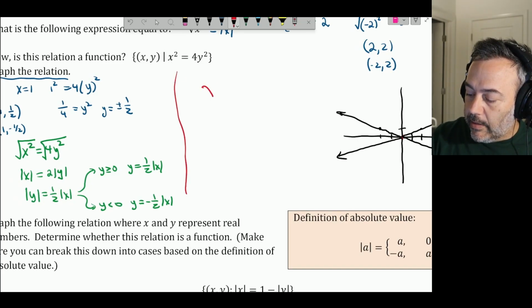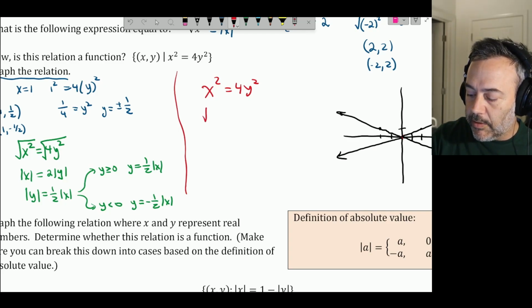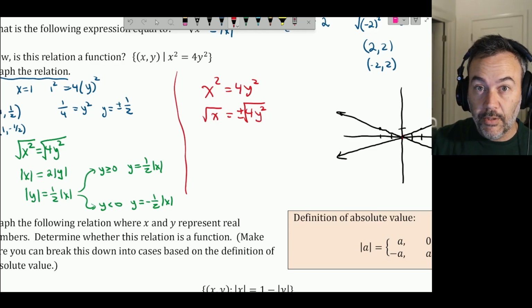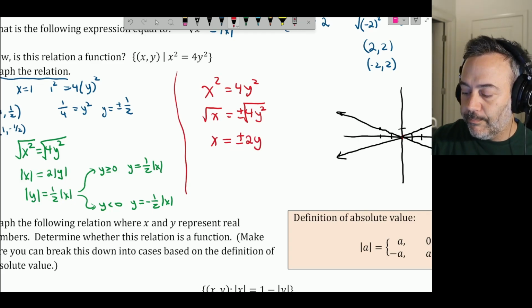The other way, and this is a shortcut you may know, is when you take the square root of both sides of an equation, you need to consider the plus or minus cases, and you don't need the absolute value. It's equivalent. The absolute value actually justifies why the plus or minus on both sides works. We get x equals plus or minus 2y.